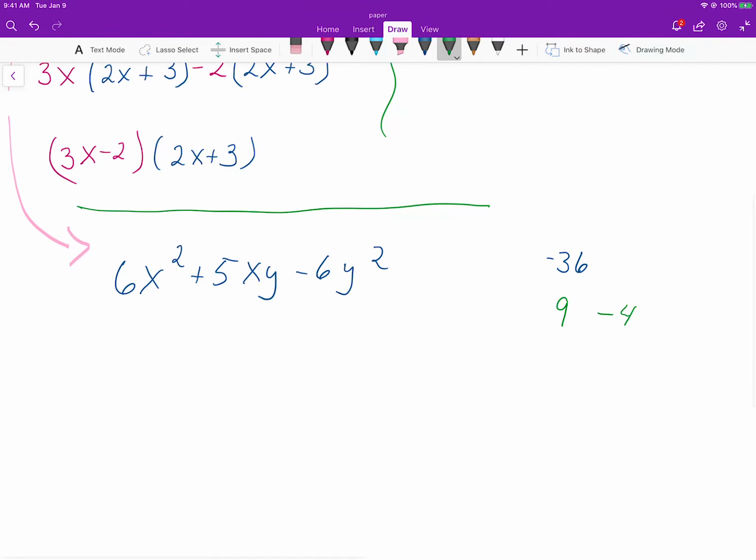So now I'm going to do the exact same thing, but I have the y's. So now I have 6x squared, and now my middle term isn't just a 5x, it's 5xy.